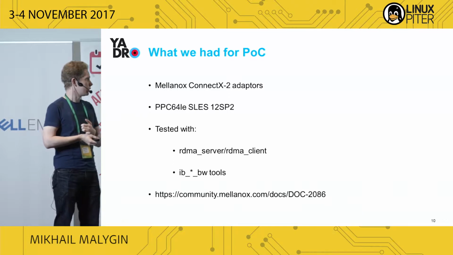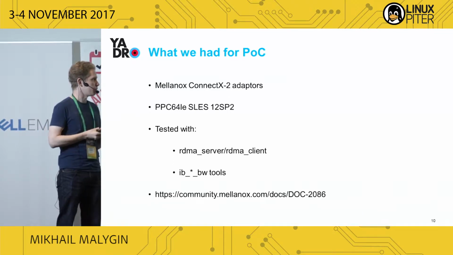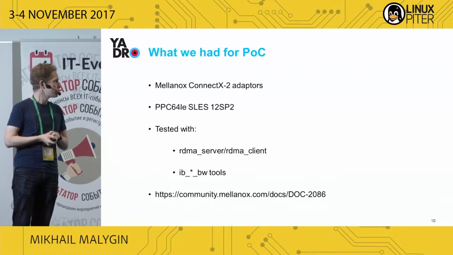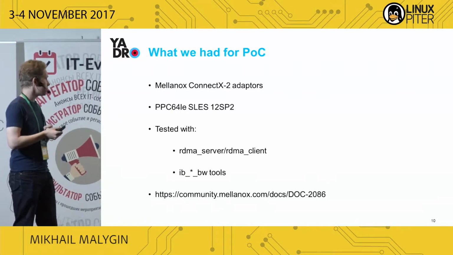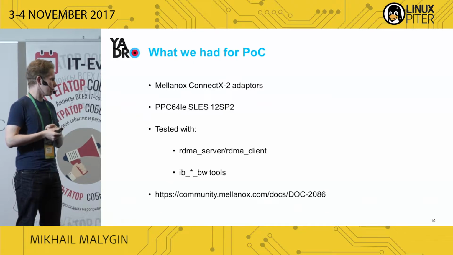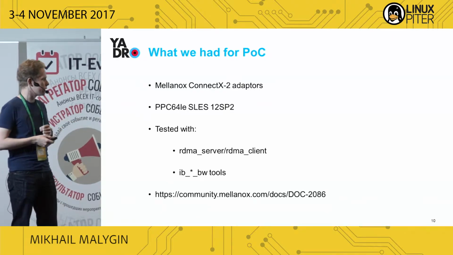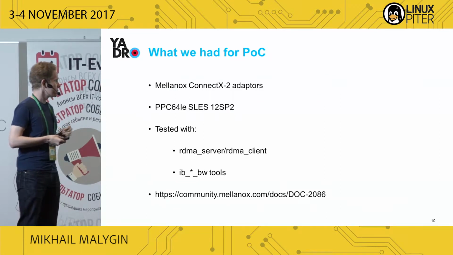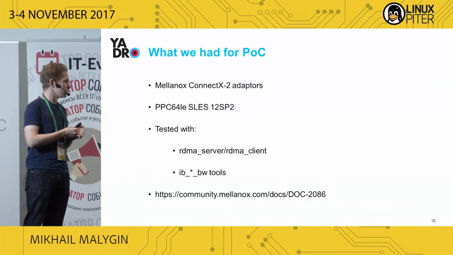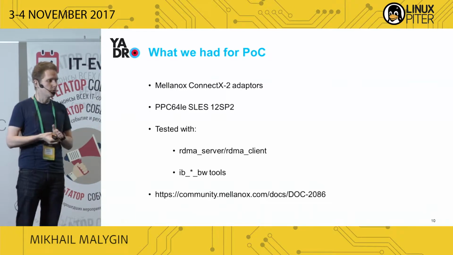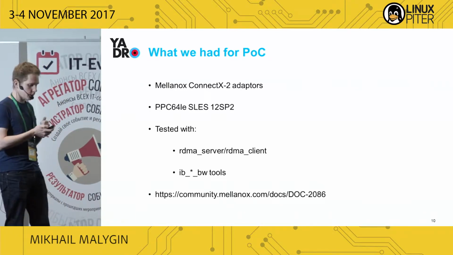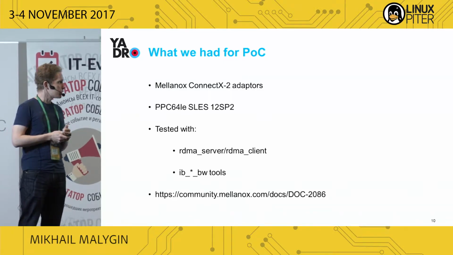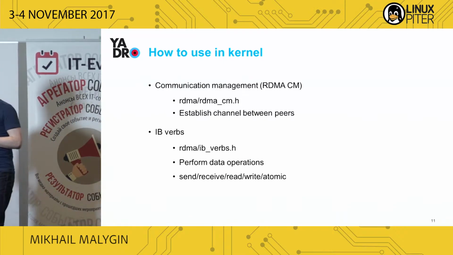In order to test all this, we had two POWER servers and two Mellanox ConnectX-2 adapters, and we have a very good link which allows us to bring everything together. We tested it with a client, and everything proved to be operational.